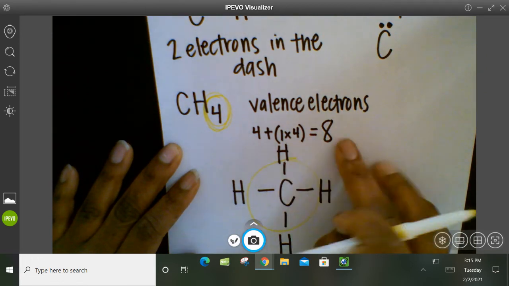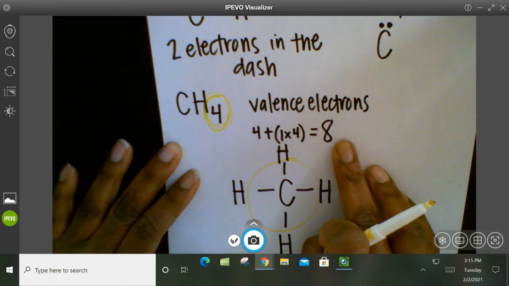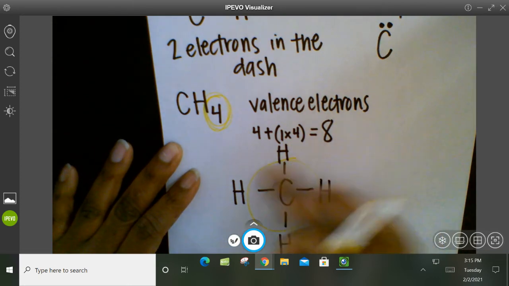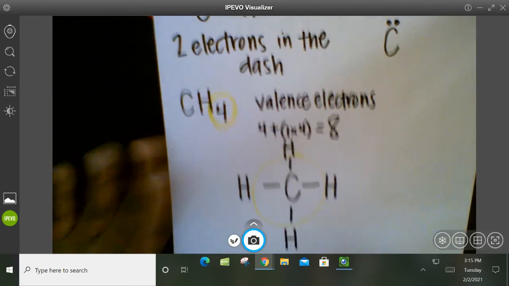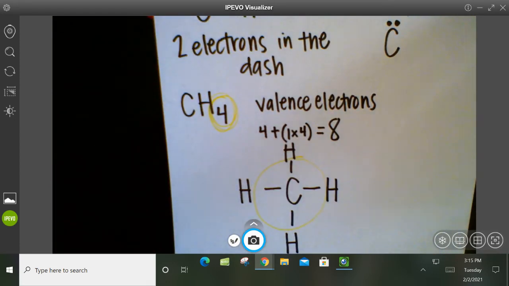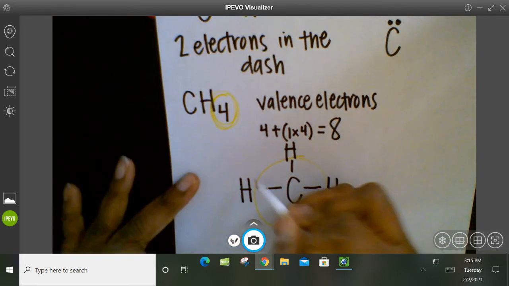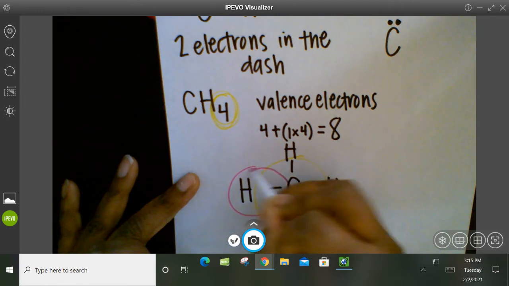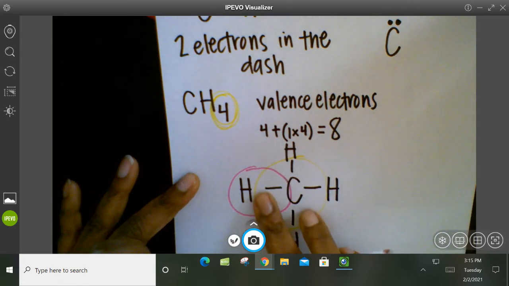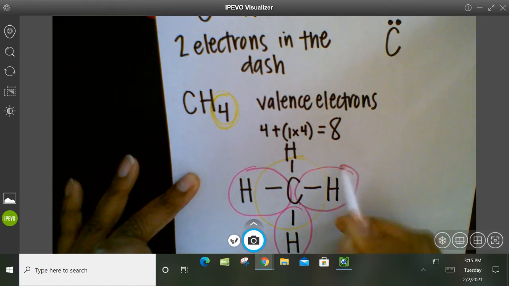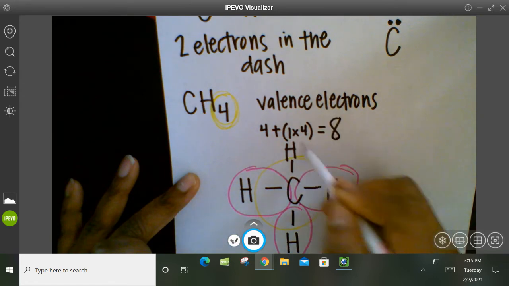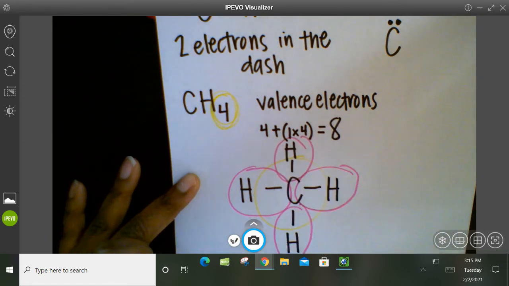First of all, I've used all 8 valence electrons that I have to work with. And then remember, carbon can have an octet. So carbon has 8 electrons around it. Hydrogen will do more of what we call a duet. So it will have a maximum of 2. So when I look at this hydrogen, it has 2. That dash represents 2. 2 electrons here, 2 electrons here, and then 2 electrons here.